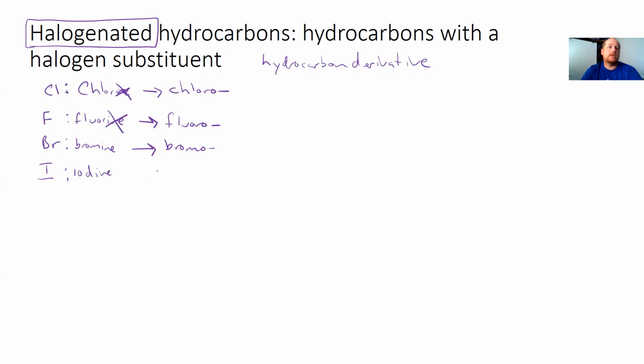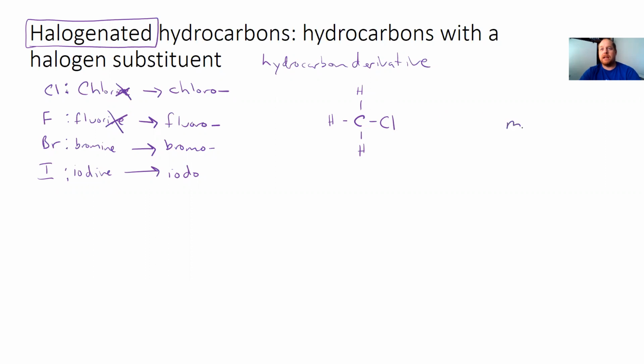Okay. So if we were to have a molecule like this, what that would be is as simple as saying, well, this is a methane-based molecule, 1 carbon chain.